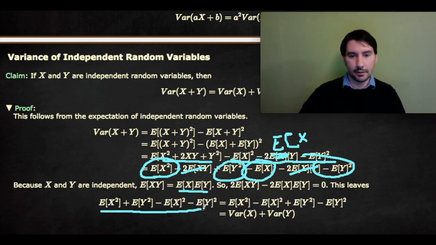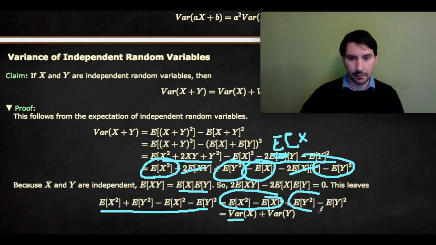That gives us this. And then just rewriting, this is E of x squared minus (E of x) quantity squared plus E of y squared minus (E of y) quantity squared. Just written here, which makes it easier to see that this part is the variance of x, and this part is the variance of y.